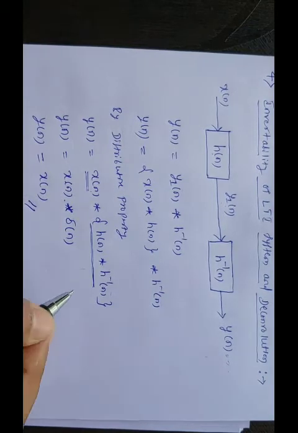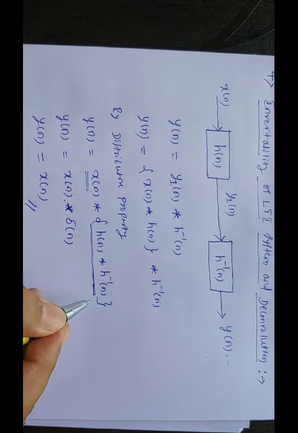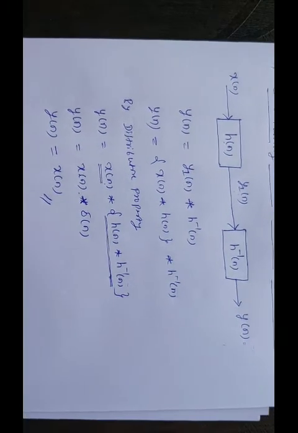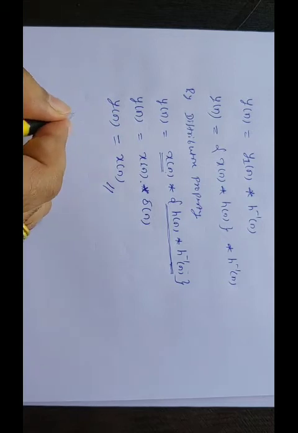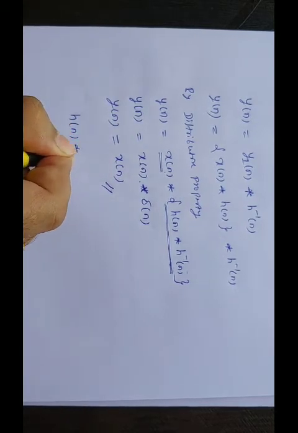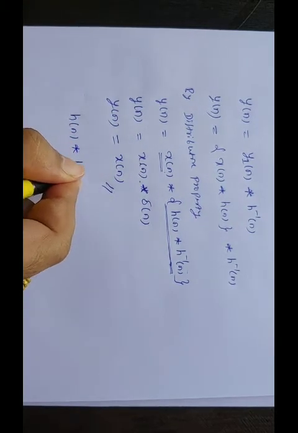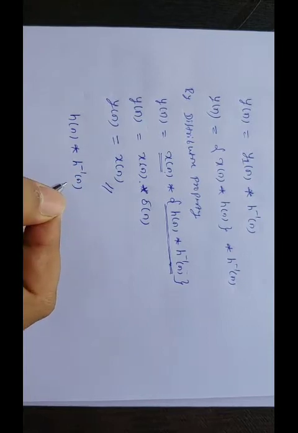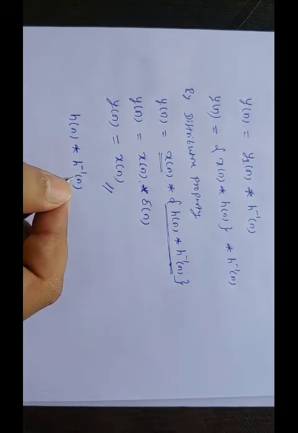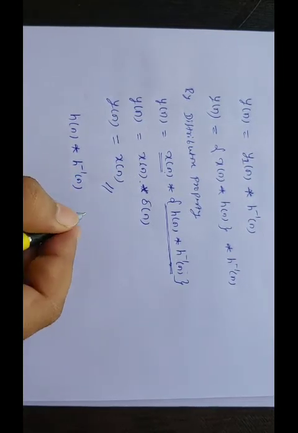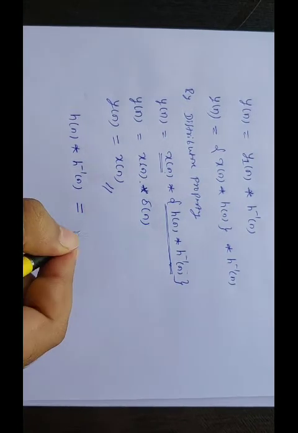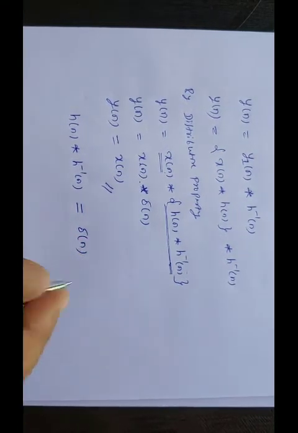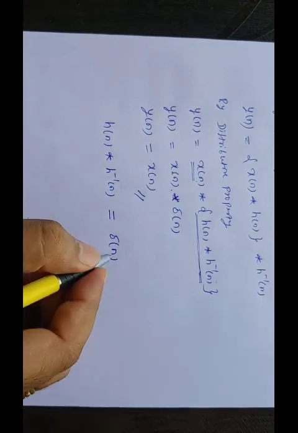So the condition for the system to be invertible is that the convolution between the system impulse response h of n and the inverse system impulse response yields a delta function.